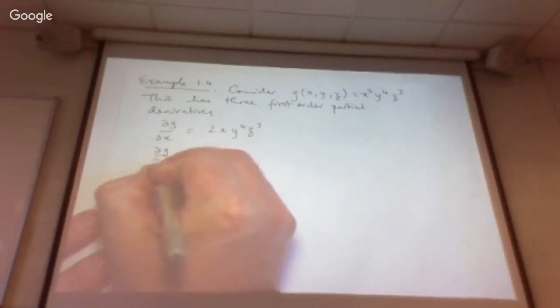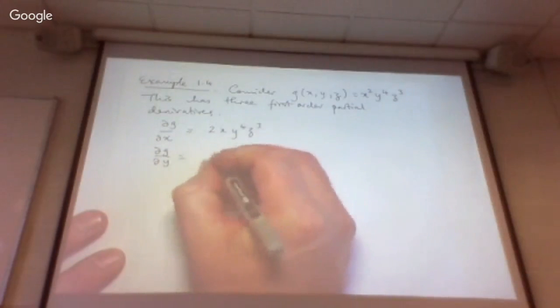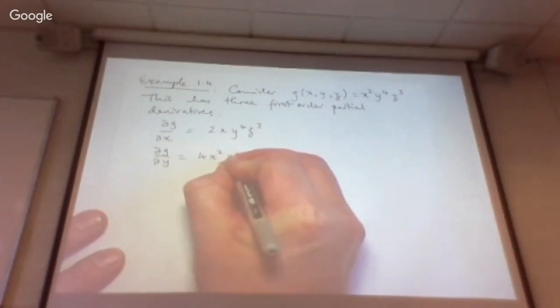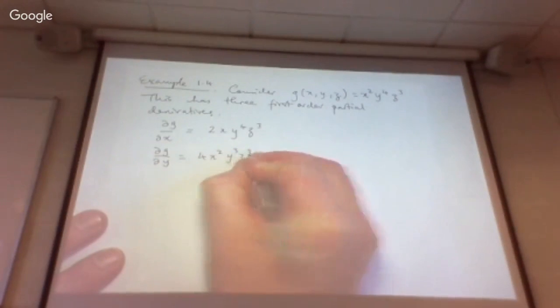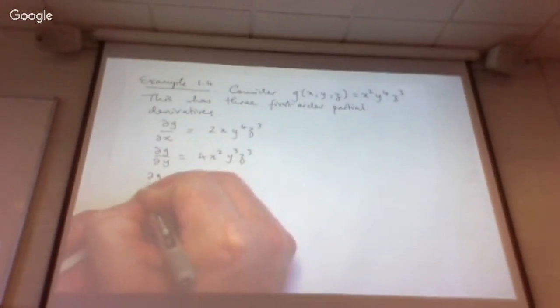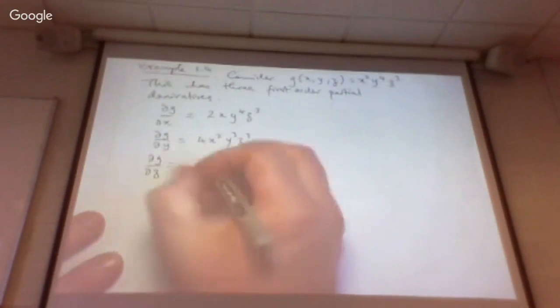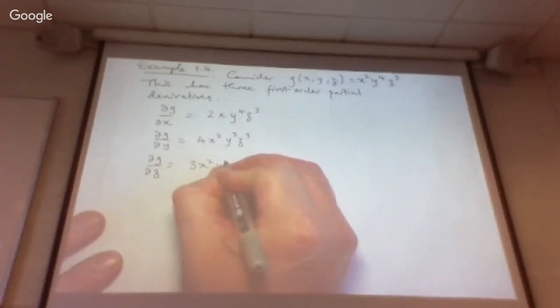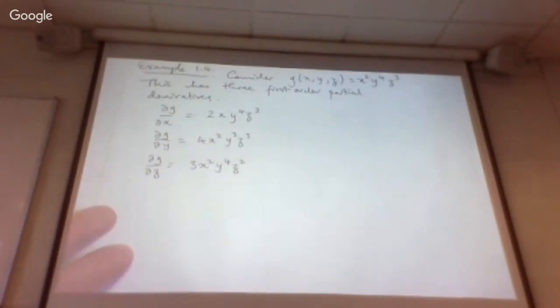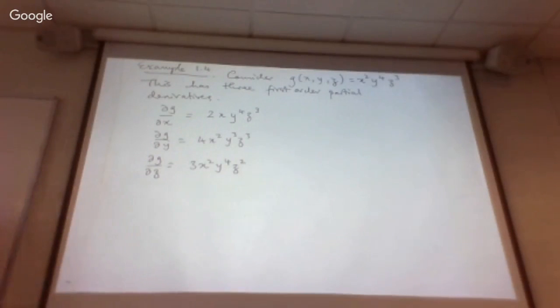Similarly, dg dy would be 4x squared y cubed z cubed, and dg dz will be 3x squared y to the power of 4 z squared. Okay, so we're still using that same principle of obtaining partial derivatives.